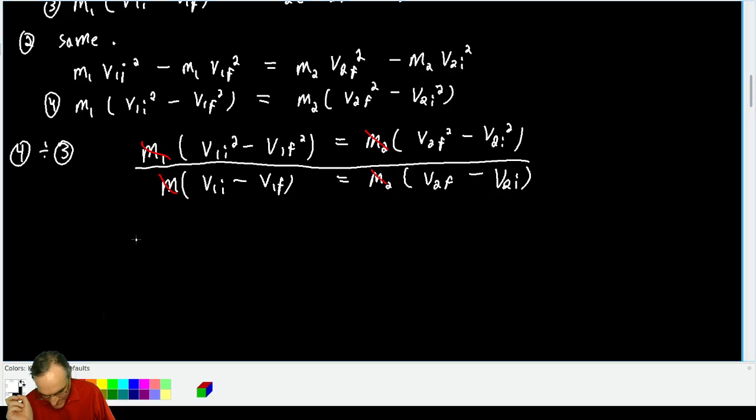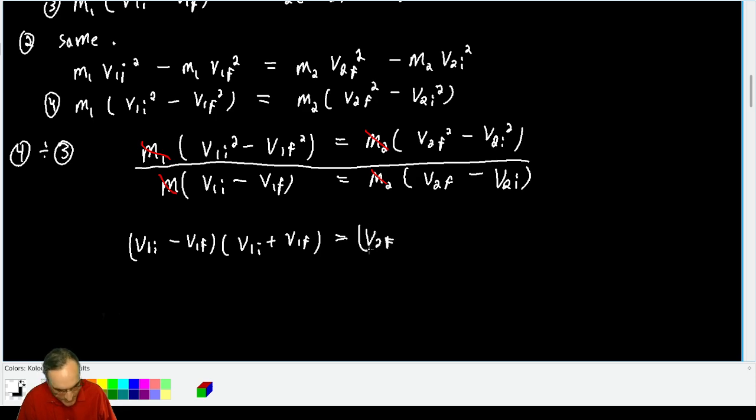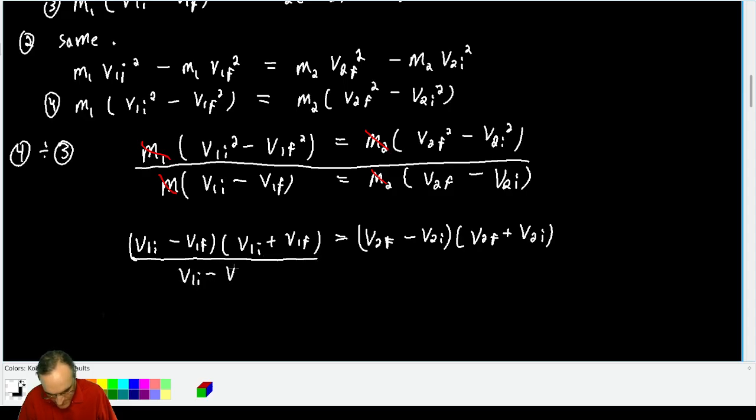So we can write this again as (v1 initial minus v1 final)(v1 initial plus v1 final) equals (v2 final minus v2 initial)(v2 final plus v2 initial), and on one side it's all over v1 initial minus v1 final, and on the other side, divided by v2 final minus v2 initial.